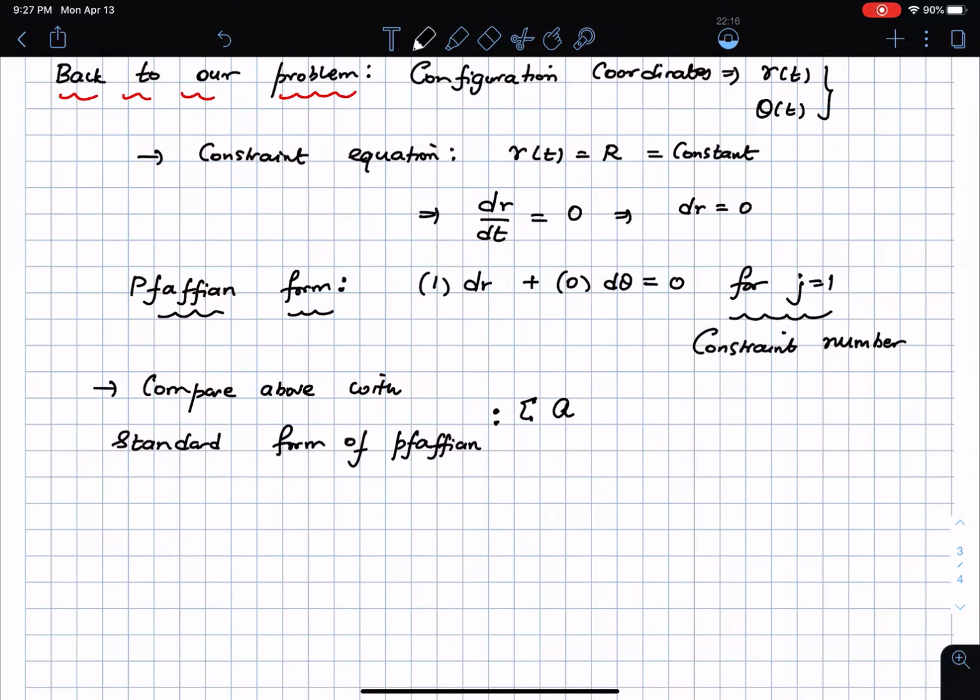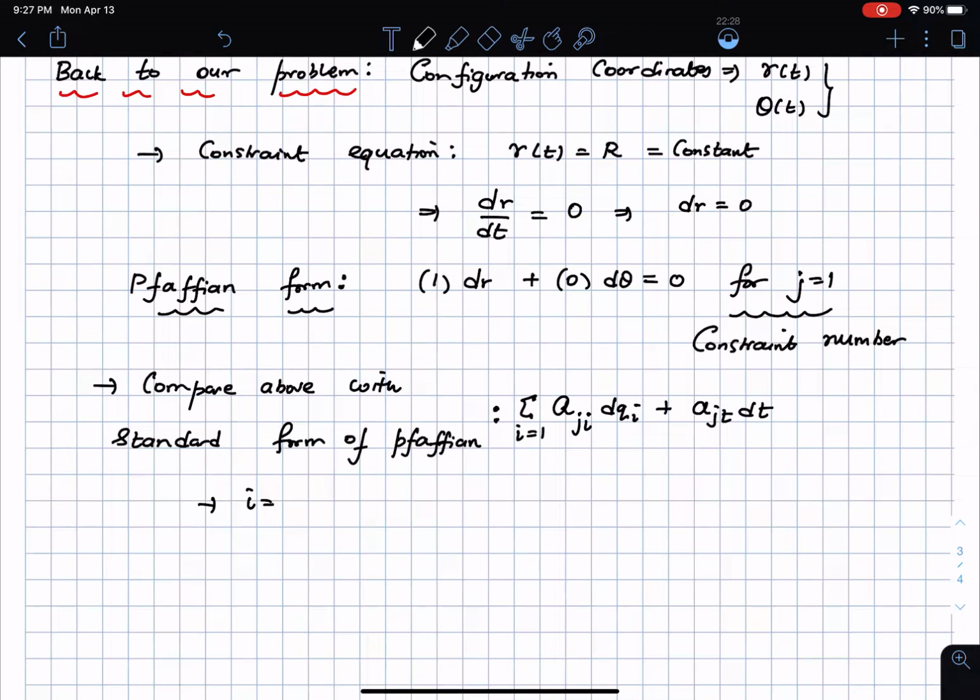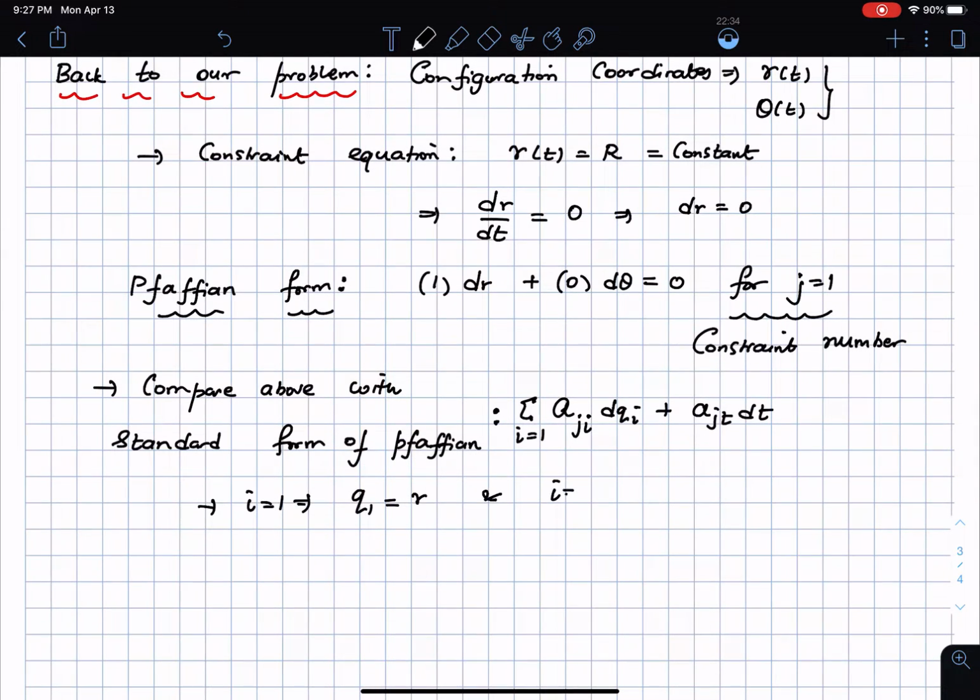This is the sum over i going from 1 to something of a_ji dq_i, plus a_jt dt, and we are essentially saying that i is equal to 1 implies that q1 is equal to r, and i is equal to 2 implies that q2 is what I'm calling theta.